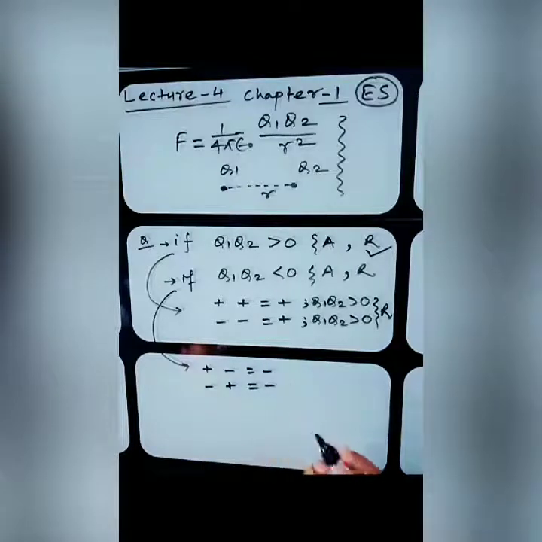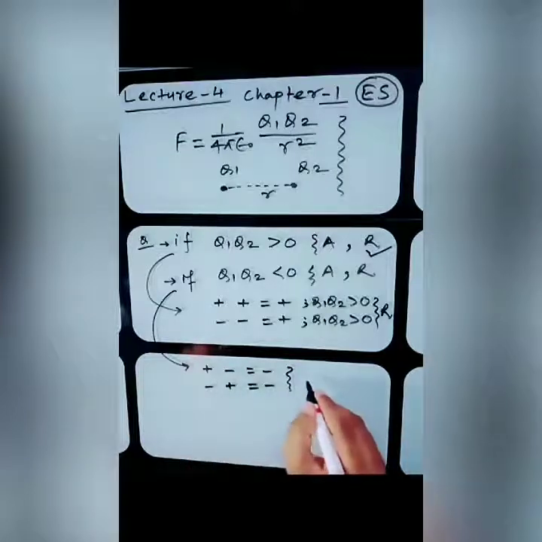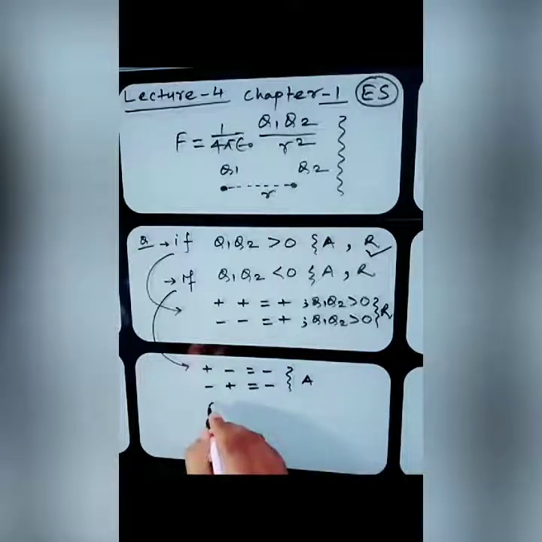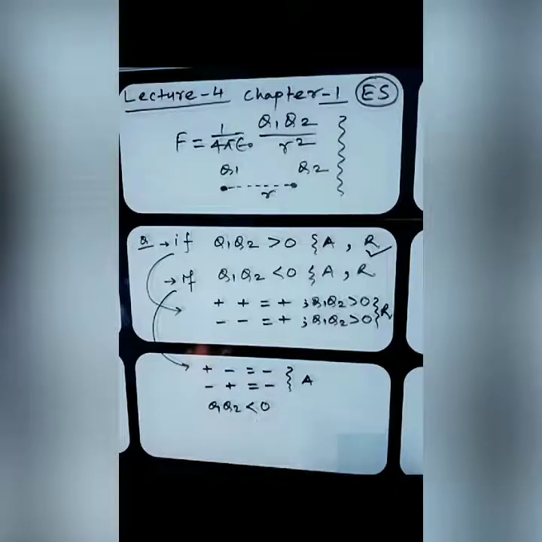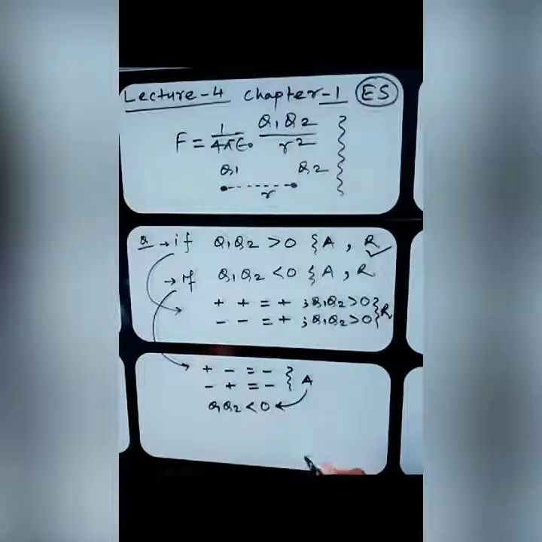So what will be the answer? For unlike charges, the force will be attractive, because Q1 Q2 is negative, that is less than 0. And this way, you might face a few more interesting questions.